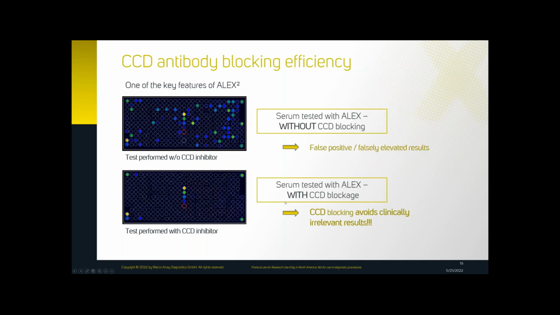To emphasize this with an example of an ALEX array, here is one test performed without CCD inhibitor and with CCD inhibitor, the same serum sample. And you see that without the CCD blocking, there are a lot of falsely elevated or false positive results.